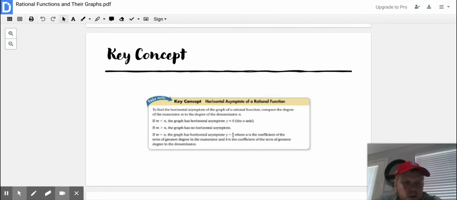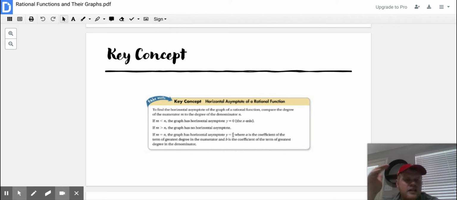Now, if they are equal, so these are your three options. m is smaller than n, m is bigger than n, and if they have the same highest degree, the graph has a horizontal asymptote of y equals a over b. And what they mean by that is a is the coefficient of the term of the greatest degree in the numerator, and b is the coefficient of the term of the greatest degree in the denominator.